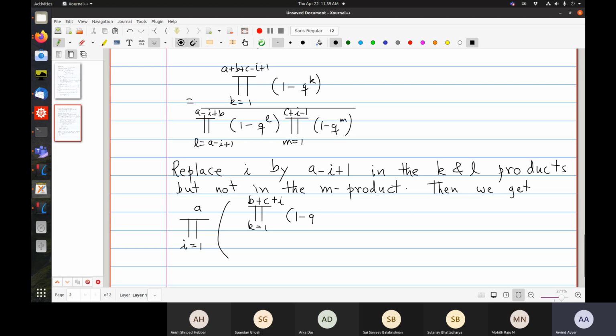And I'll get 1 minus q bar k. And now I take the product L equals I to I plus b minus 1, 1 minus q bar L. And the M product still exists.